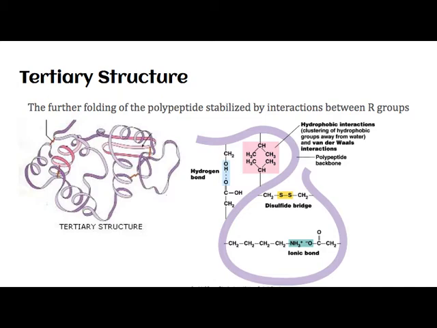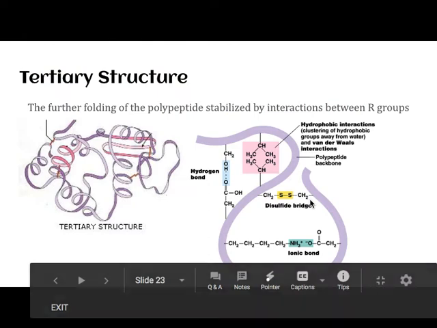And then another example here. Remember you have the charged. So a positively charged and negatively charged can be attracted to form ionic bonds, very strong, even more folded. Okay, so in your brain, those side chains can react to fold, fold, fold your protein.